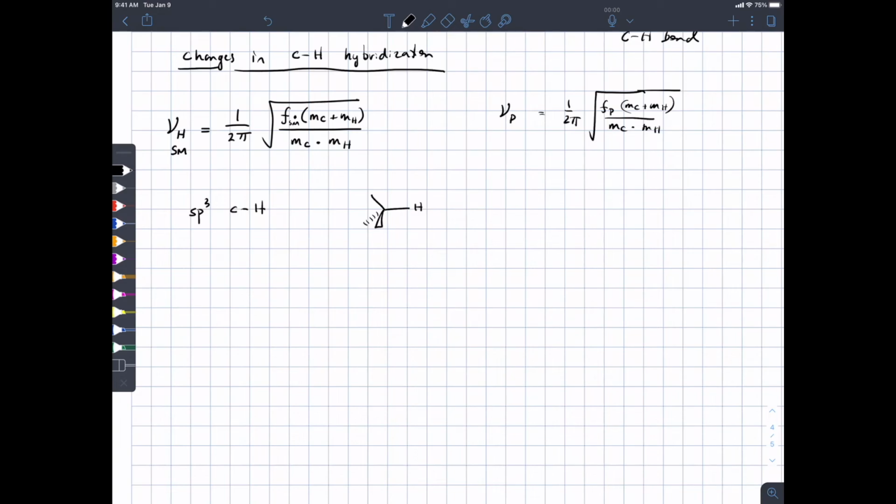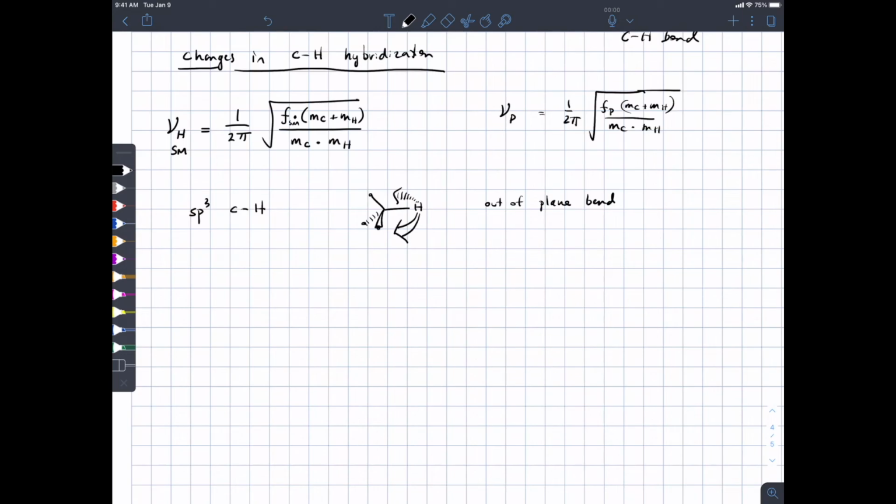There is an out-of-plane bend that involves everything else staying stationary, and then this hydrogen wagging outwards towards us, and then wagging backwards away from us, swinging in and out of the page. All right, so this is fishtail action.